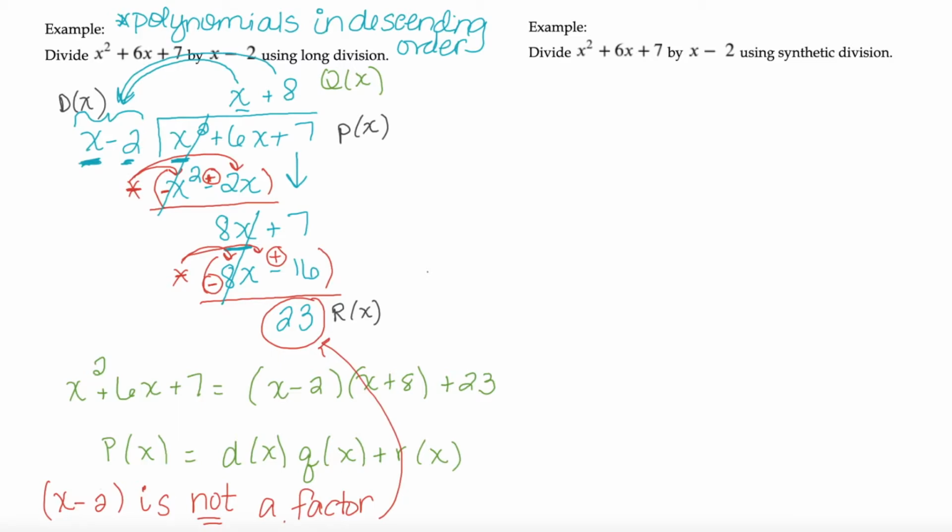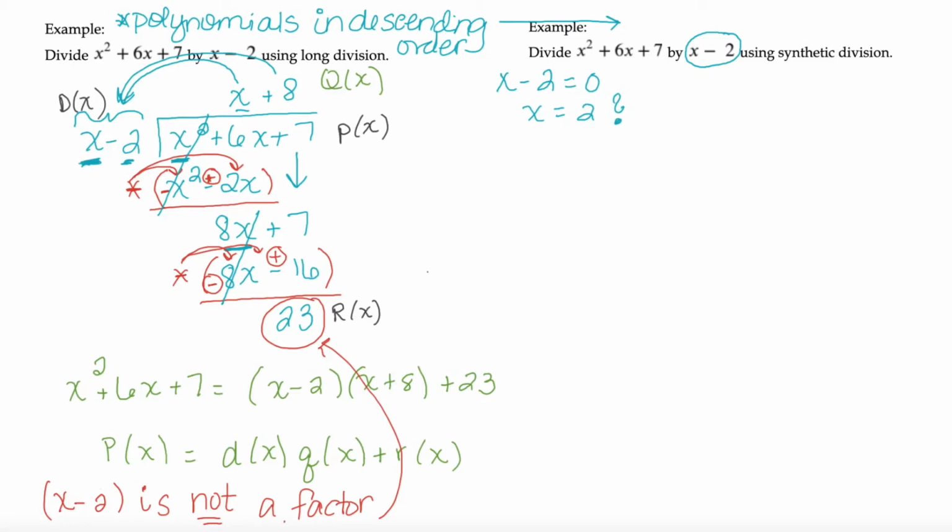Let's use synthetic division. It still has to be written in descending order, and I need to take my divisor and set it equal to 0 and solve for x. We want to know, does x equal 2? That's our ultimate goal.